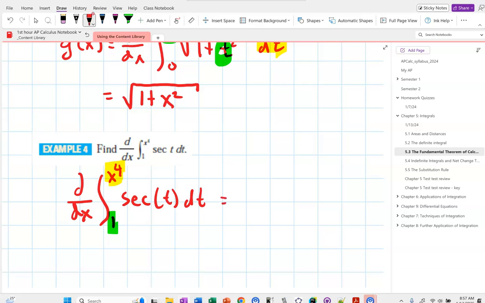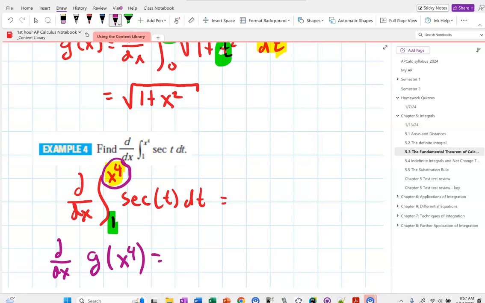Okay. So the derivative is going to cancel out the integral, right? But what we have here is like a function inside, right? So this is like a composition. This is like g of x to the fourth that we're taking the derivative of.